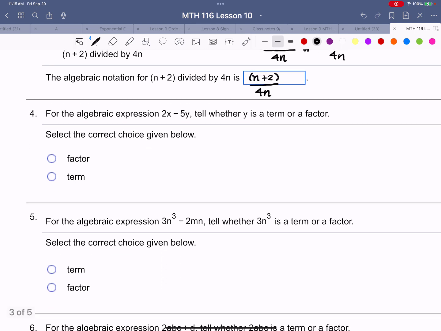Example 4, for the algebraic expression 2x minus 5y, tell whether y is a term or a factor. So we said earlier that factors are multiplied. Terms are added or subtracted.